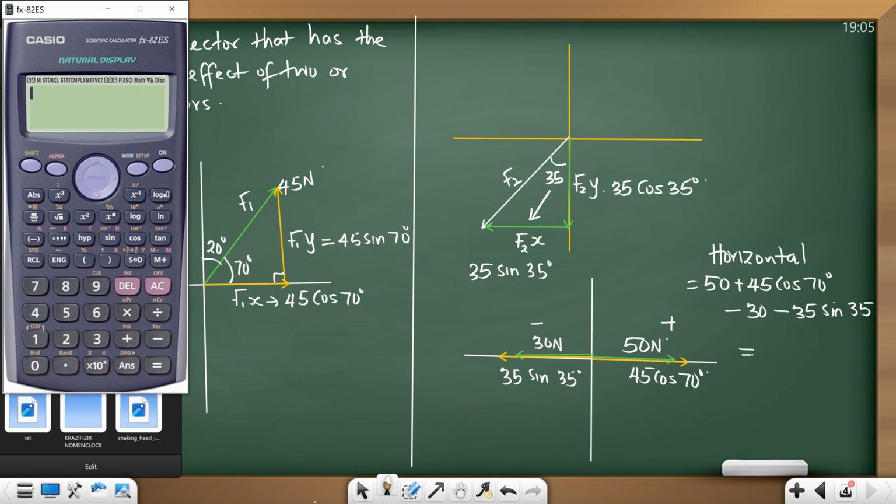Okay, but are you okay with my diagram and my mathematics? Yes, sir. All right, so it's 50 plus 45 cos what? 70, is that fine? Yes, sir. Minus 30 minus 35 sine what? 35. 15,32.